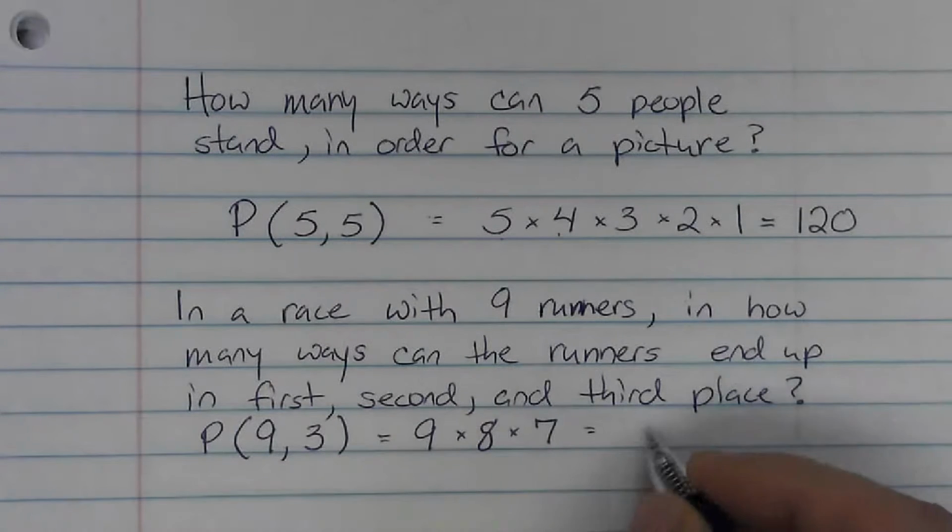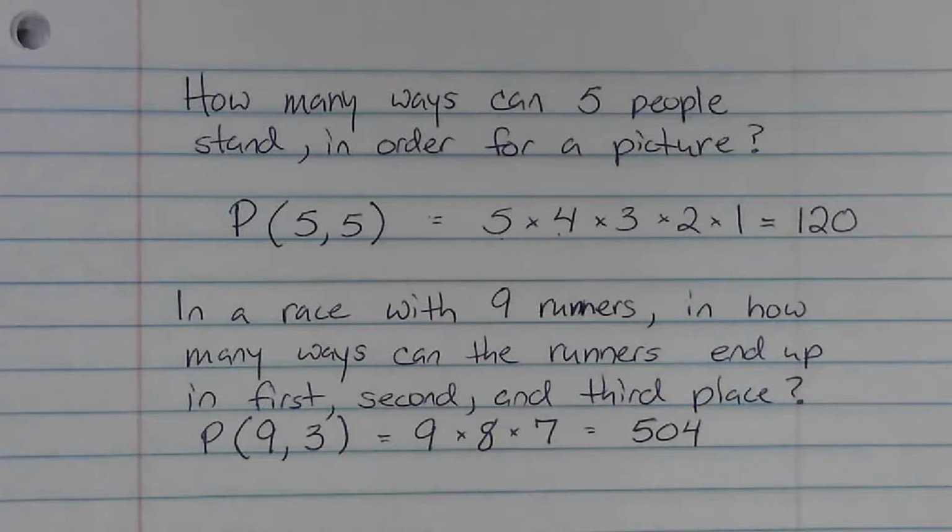When we multiply all of these together, we end up getting 504 as the answer. That means there's 504 ways that 3 of those runners can come in first, second, and third place. And in case you're curious, at first we have 9 runners that could get first. Once that first runner crosses the finish line, there's only 8 runners left that can get second place. And once that second runner crosses the finish line, there's only 7 left that can get third place. This is why it's decreasing by 1 each time.